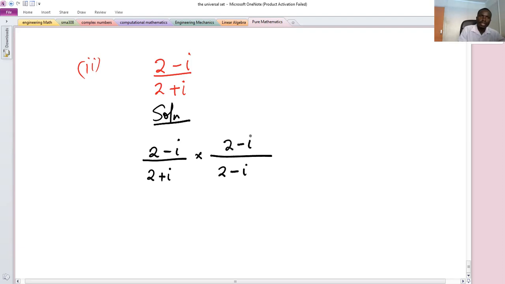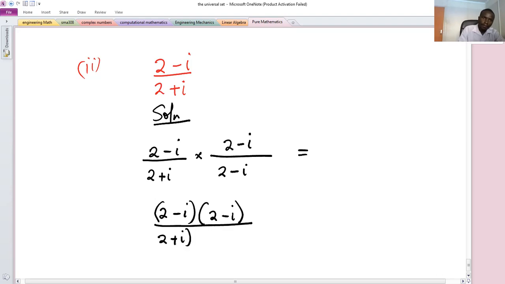So 2 minus i over 2 plus i, multiplied by 2 minus i over 2 minus i.